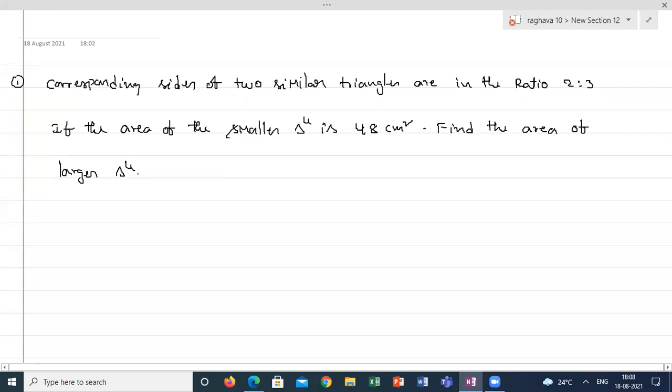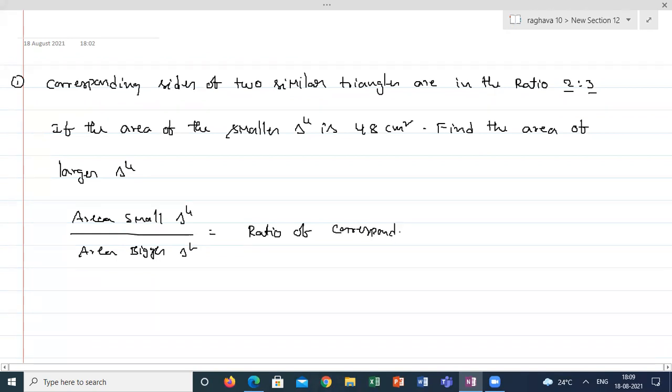So how to do this one? We know the area of the small triangle divided by the area of the bigger one is equal to the ratio of their corresponding sides whole square. That is a theorem.